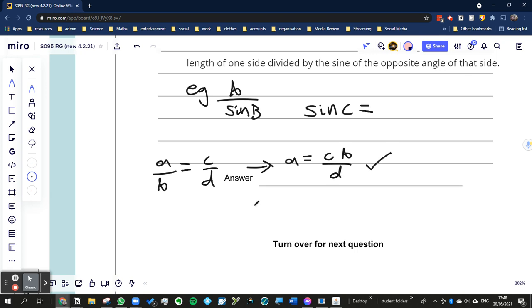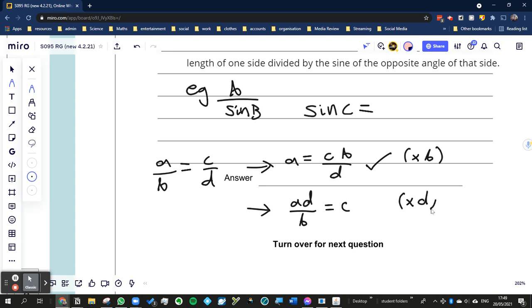Now we're going to do the next easy one, which is pretty much just as easy, and that is rearranging for C. I'm going to write in brackets what I did for that one: I times both sides by B. With this one, I'm going to multiply both sides by D. So I've got A times D divided by B, and that's equal to C. And what I did is I times both sides by D.